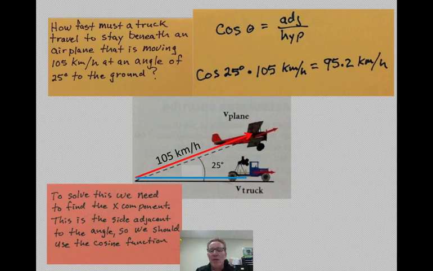So cosine of 25 degrees multiplied by 105 kilometers per hour gives us 95.2 kilometers per hour. That would be the x component of our original vector. Now, since the question didn't ask us for the vertical component, we won't go ahead and solve for that.